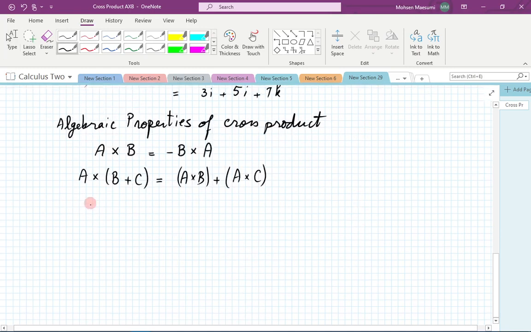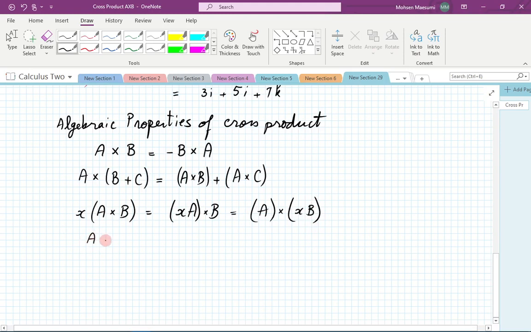If you have a cross product and then you want to multiply it by a number, you have several choices. You can take the first vector, multiply it first and then with the second, or you can take the second vector and scale it up. It's all the same.